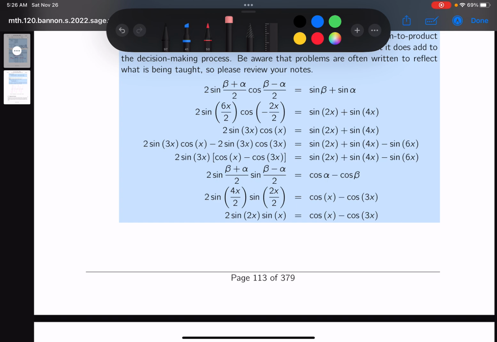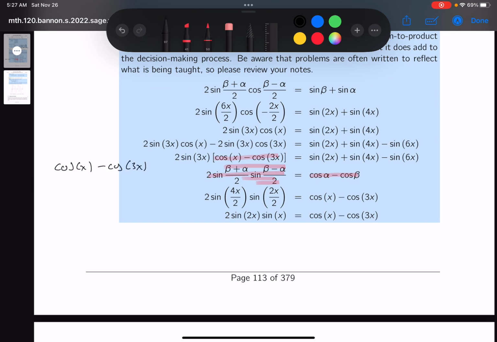Now, what I want to do is look at this over here, and I'm going to use the difference to a product formula, all right? So let me just write that down for you. I'm looking at cosine of x minus cosine of 3x.